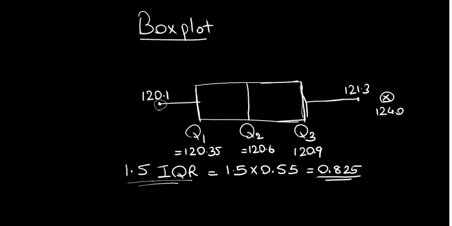So this helps you identify the outlier. Any observation lying beyond this limit is considered an outlier. So this is all about the box plot.